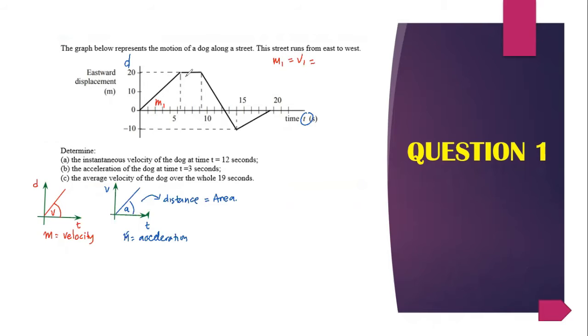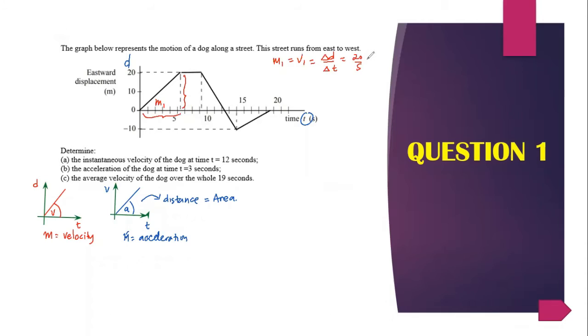How many the gradient? Delta y over delta x, so delta d over delta t. For the first, the gradient is 20 over 5.